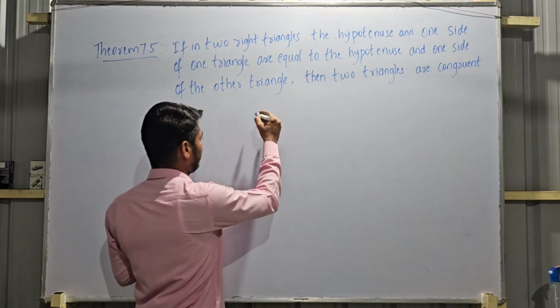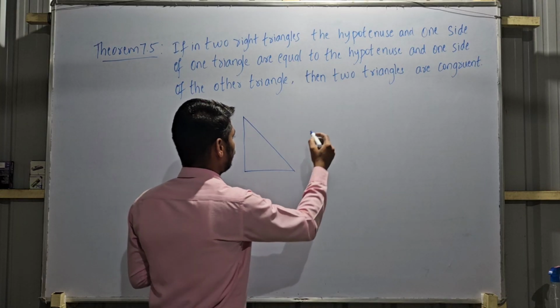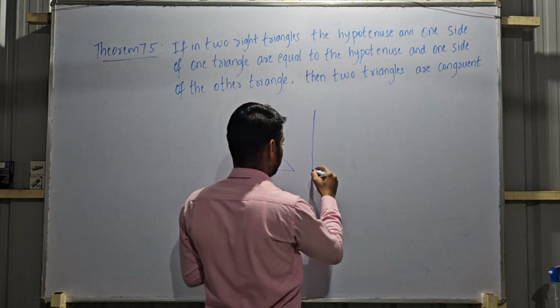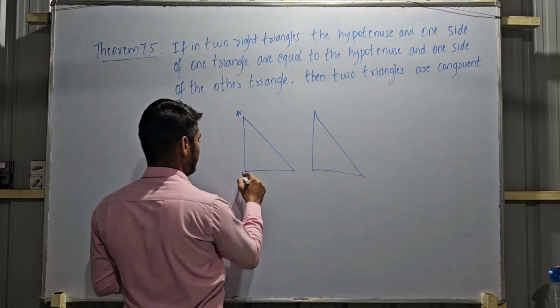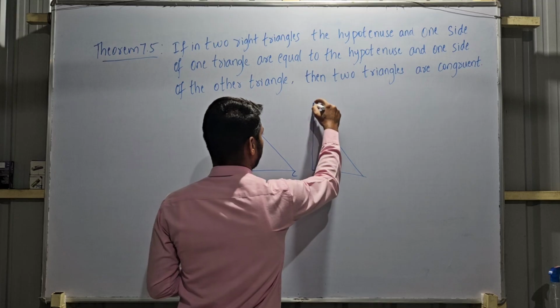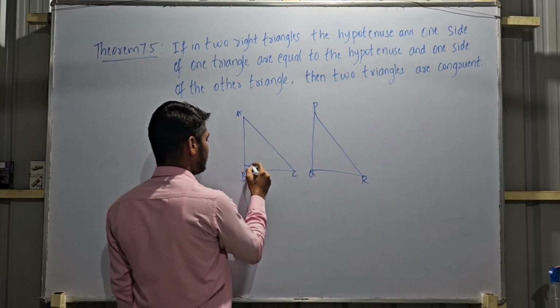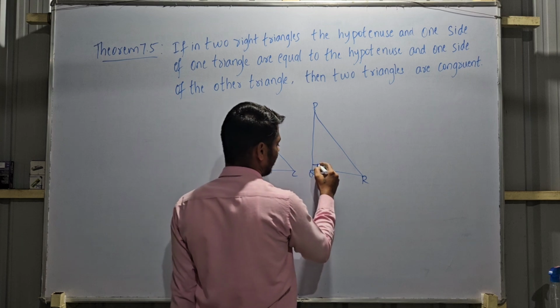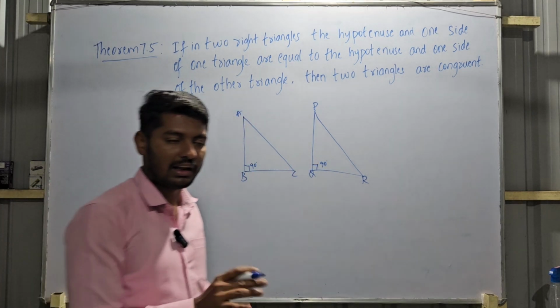For suppose I'll take two right triangles, ABC and PQR, in which angle B is 90 degrees, also angle Q is 90 degrees. That means the two triangles are right angle triangles.